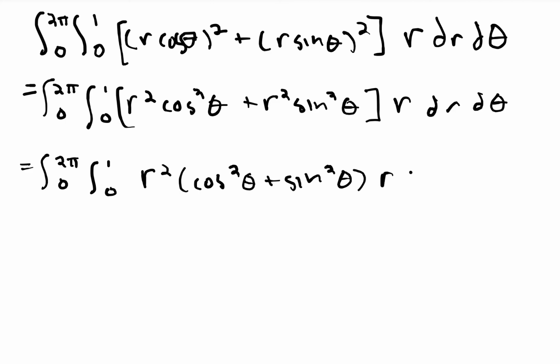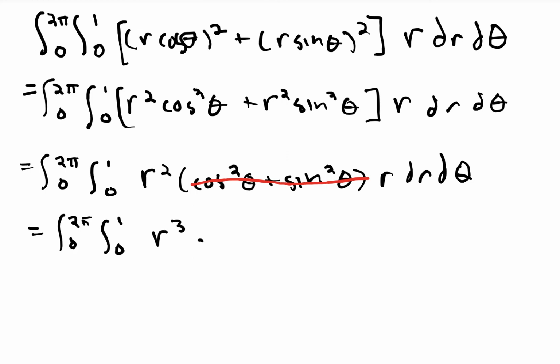Okay, and at this point, you should see where I was going with that piece. At the very least, this cosine squared plus sine squared bit, that's all just going to turn into 1, right? So ultimately, what that simplifies to is just an r squared times an r. I am now worried about integrating r cubed dr d theta.